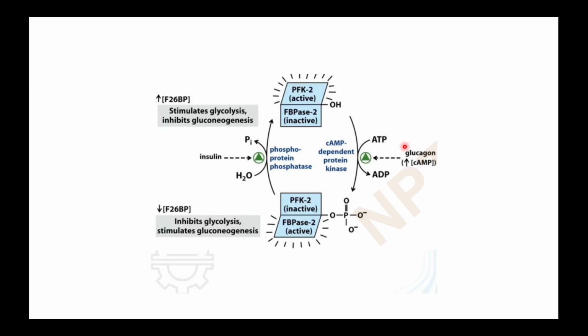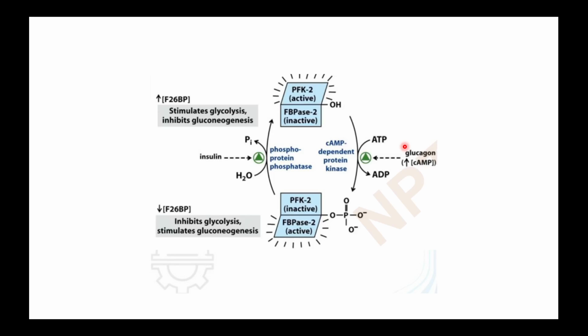Phosphorylated PFK2 FBPase2 enzyme has the FBPase2 form as the active form. Once FBPase2 is active, it will trigger the dephosphorylation of fructose 2,6 bisphosphate, that will lead to low concentration of fructose 2,6 bisphosphate and higher concentration of fructose 6 phosphate.